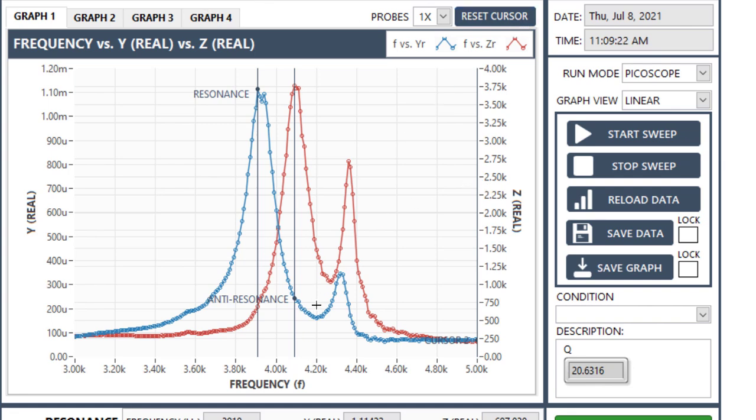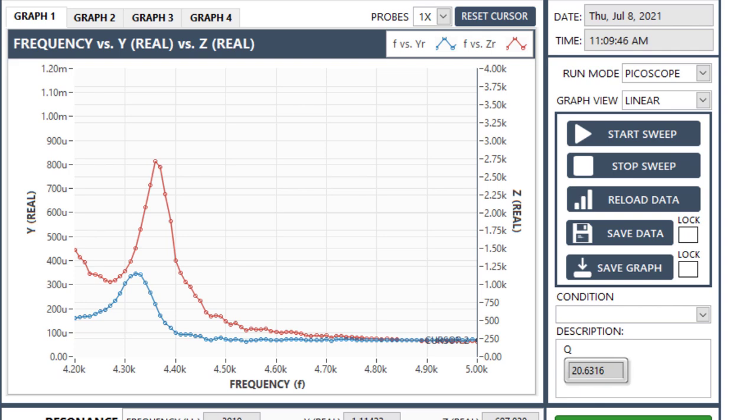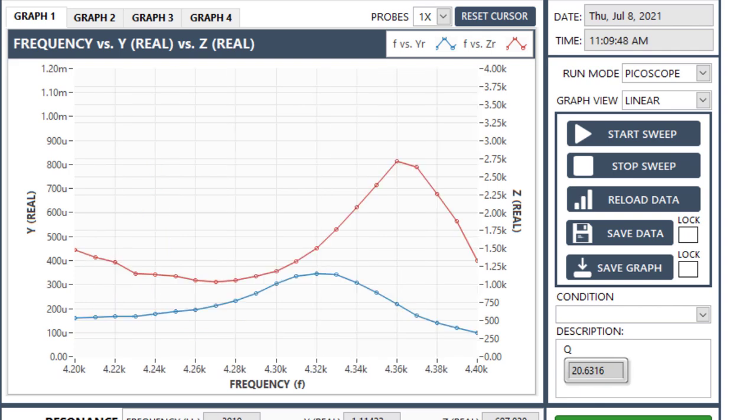So right now I have the cursors automatically set to the maximum real admittance and the maximum real impedance. But if we wanted to shorten this up, to go from 42 kilohertz to 4.4 kilohertz, I'm going to change the scale, 4.4 kilohertz.